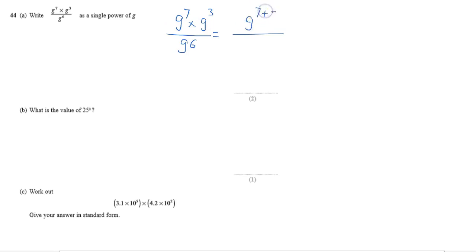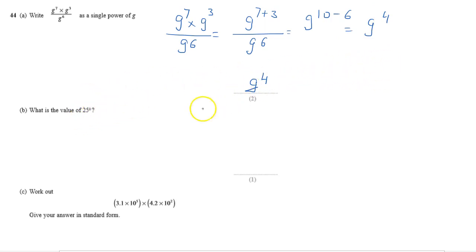So it will be 7 plus 3, so this is G to the power 10. When it is a division, we subtract 6. So it will be G to the power 4. So the answer is G to the power 4.